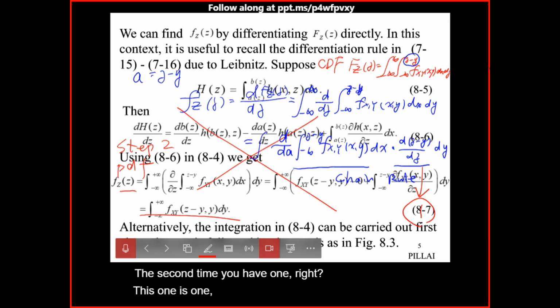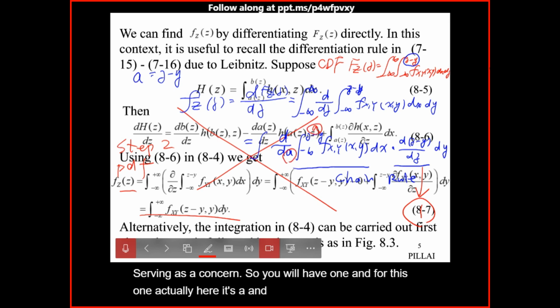Because Y actually is not variable Z, so serving as a constant, so you will have 1. And for this one, actually here it's A, and it's A. Sorry, so nothing infinity. So for this one, actually it's the fundamental theorem of calculus.